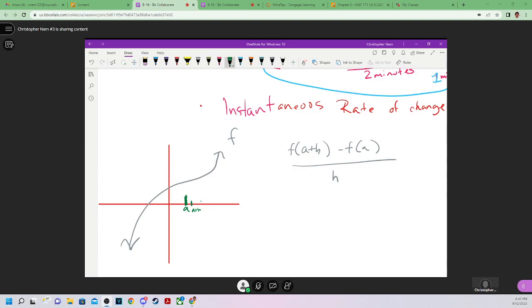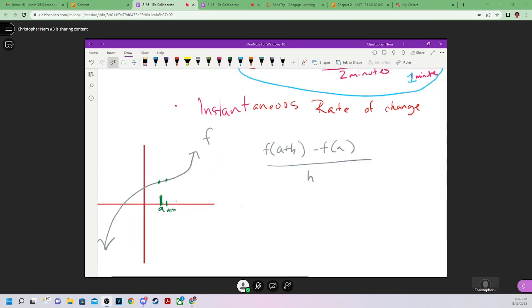If we get this point over here and this point, that's the exact same thing as saying f of a plus h minus f of a, those are my outputs, over my inputs. But with the inputs, the a's cancel out, and that is why we get exactly this. So we're trying to see, if we have our speedometer, how fast are they going if the second point that I take is super close to my a value?